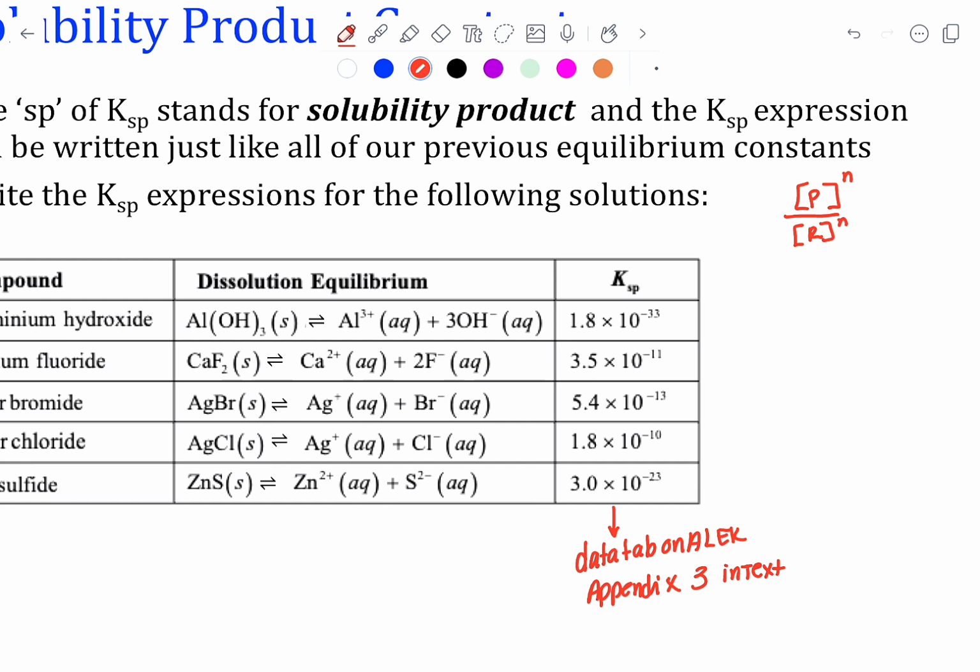It's been a while since we've looked at that because we've been looking at weak acids, weak bases where everything's in a 1-to-1 ratio, so we haven't had to worry about that. But when we're looking at solubility, we do have to worry about the balanced chemical equation because these are ionic compounds, okay? So we have to balance them with coefficients to balance out the charge.